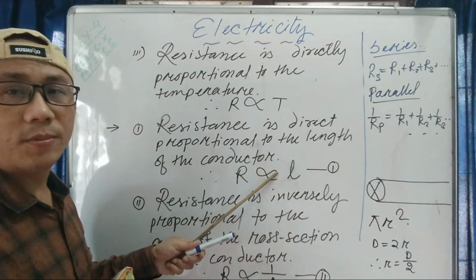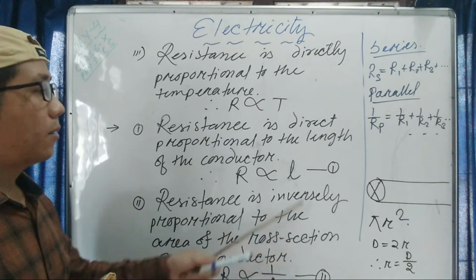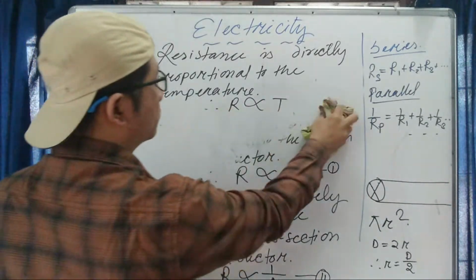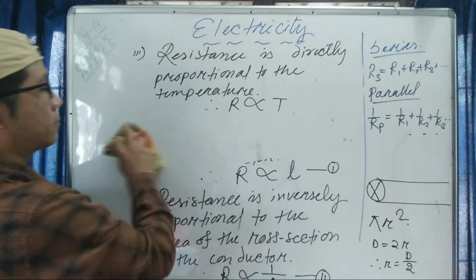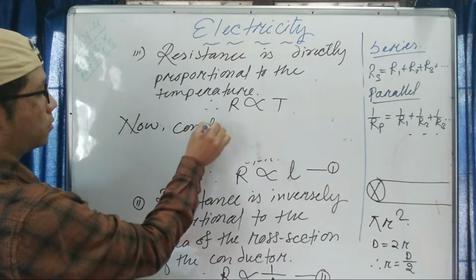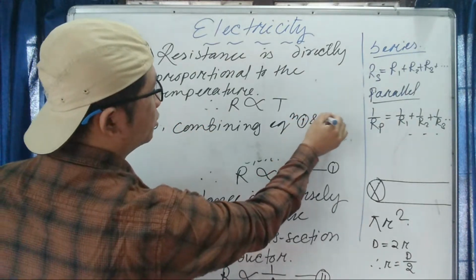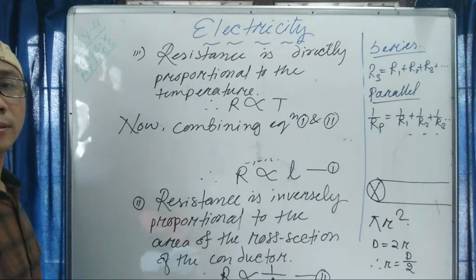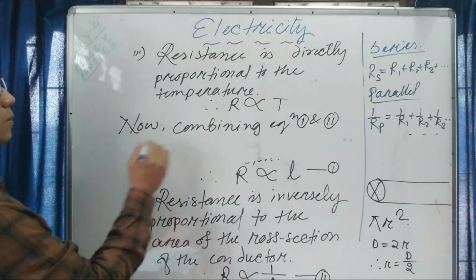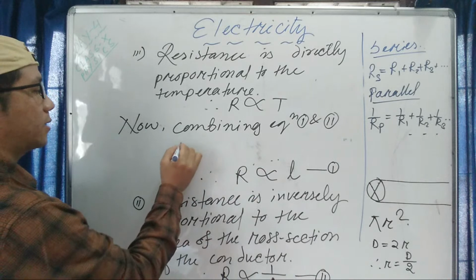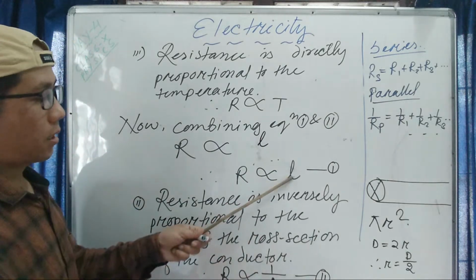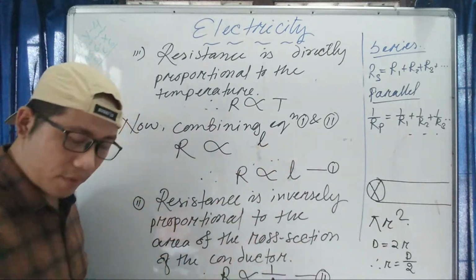From this equation you have to keep in mind, and this equation 2 you have to keep in mind. By combining equation 1 and 2, we get, here, R is directly proportional to L, and you know that is the L. Okay, I will make it a little bit longer here.